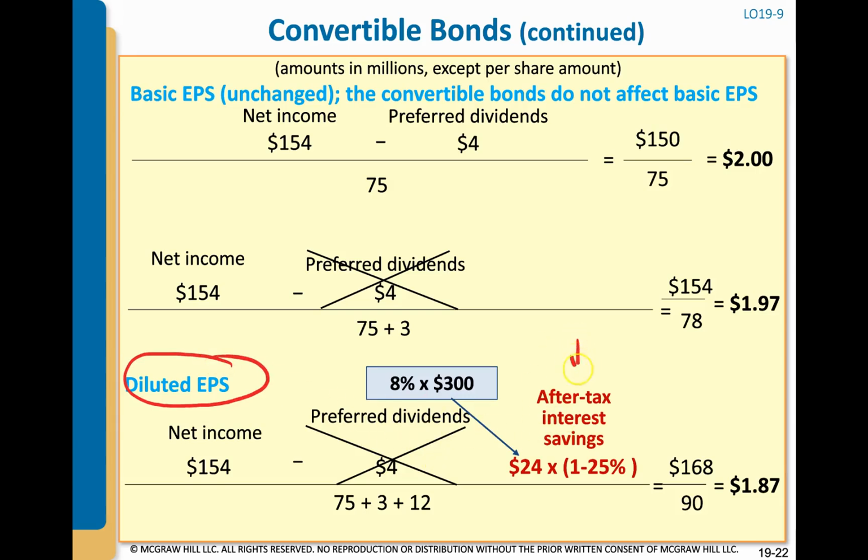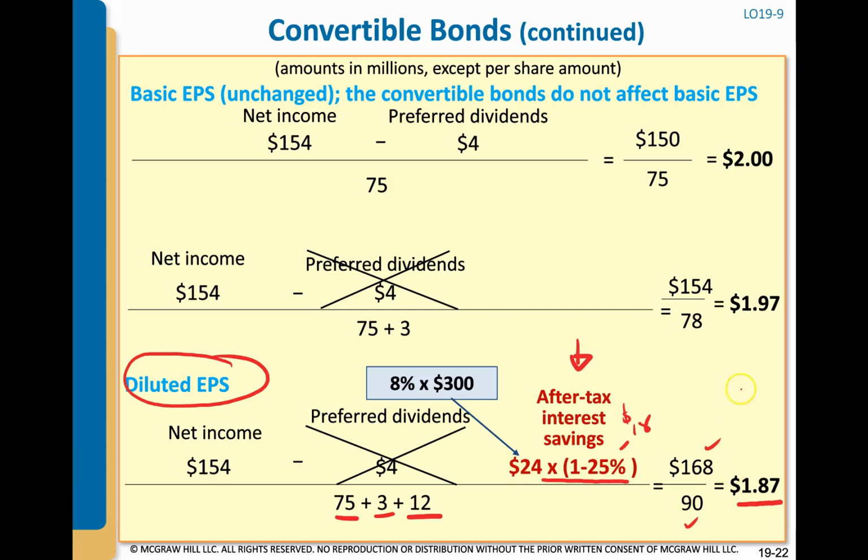And now our after-tax interest savings is that $18. This is $18. And then when we look at our denominator, we started with our 75. We added 3 for the preferred stock. And now we're going to add 12 to our denominator for the conversion of the bonds. So now our numerator is 168, and our denominator is 90, and our new EPS is $1.87.